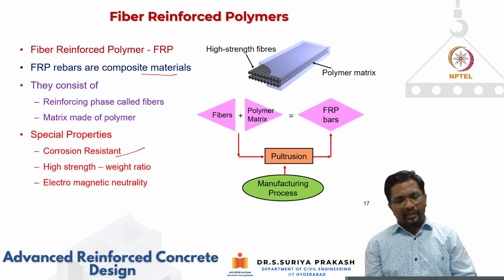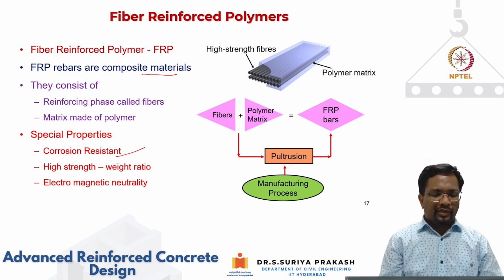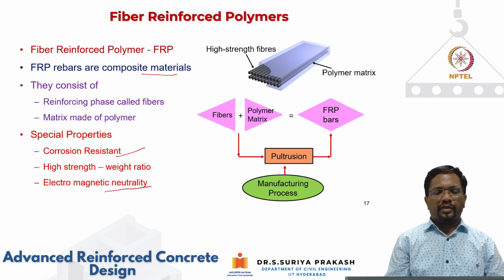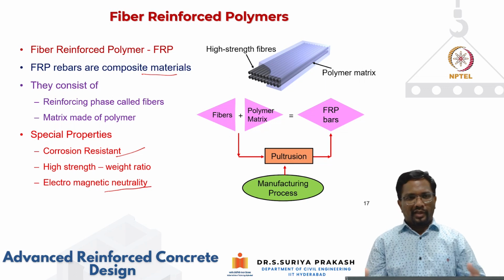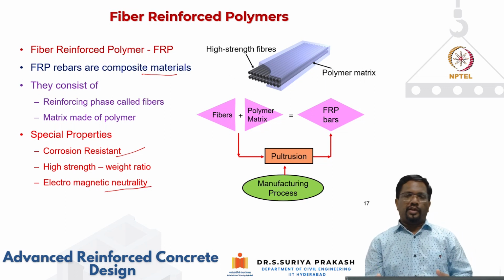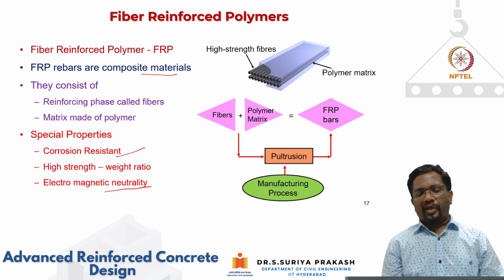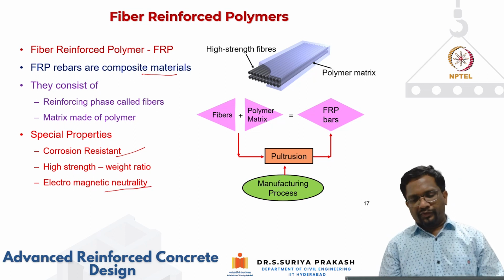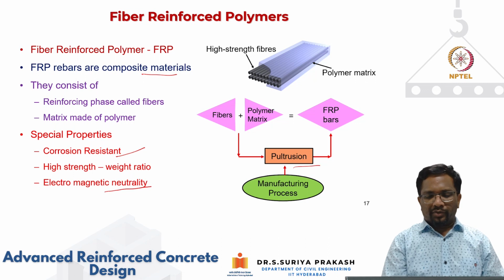They are very lightweight, so they give a very high strength to weight ratio, and they also have this nice property of electromagnetic neutrality. For example, if you want to make slabs that are going to hold MRI kind of equipment, then this electromagnetic neutrality is a very desirable property. Such slabs can be reinforced with this material. Usually these bars are manufactured using a process called the pultrusion process.